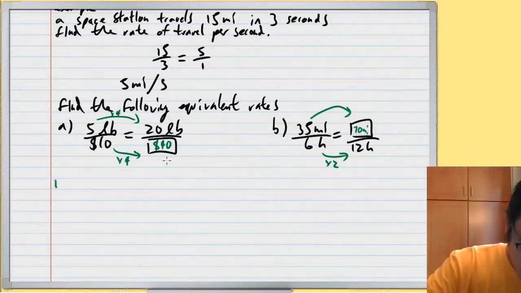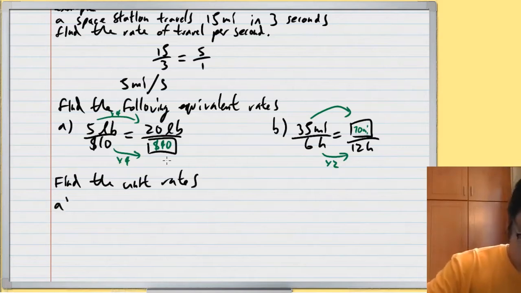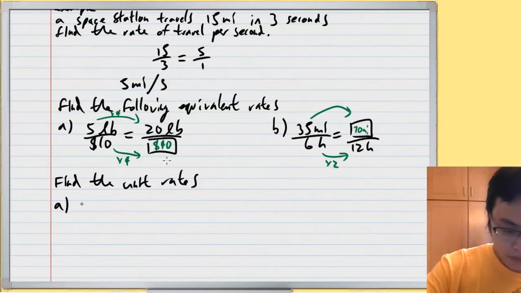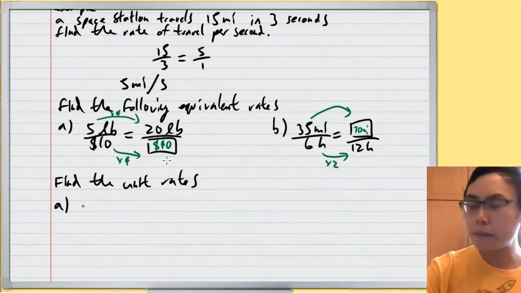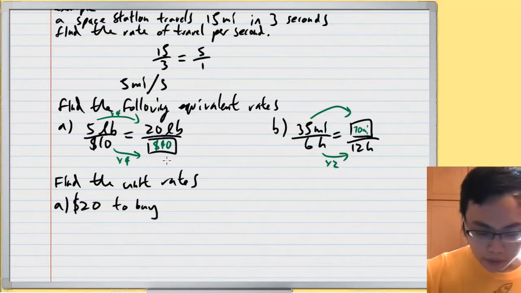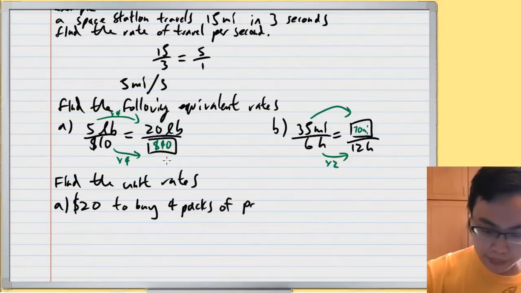Now for the next part, we want to find the unit rates. And so for A, let's say it costs $20 to buy 4 packs of pasta.